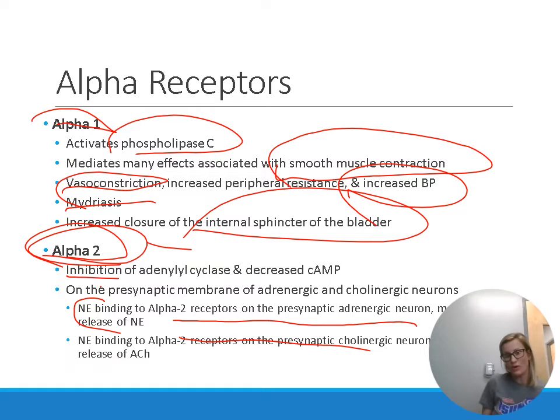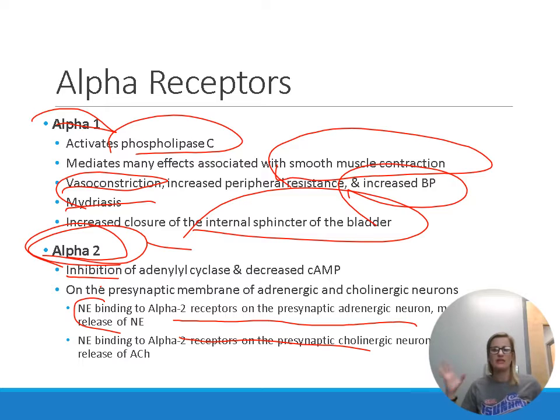Auto means self, so norepinephrine is decreasing its own release. When modulating the release of acetylcholine, the alpha-2 receptor is acting as an inhibitory heteroreceptor. Still inhibitory, still decreasing the release of acetylcholine, but heteroreceptor, because it's not decreasing its own release.